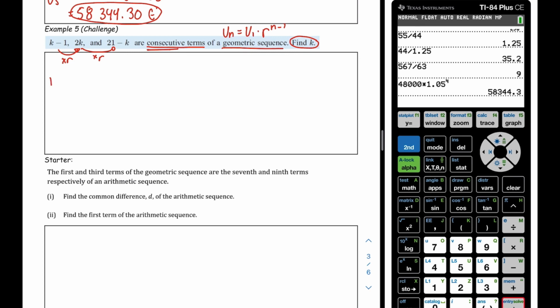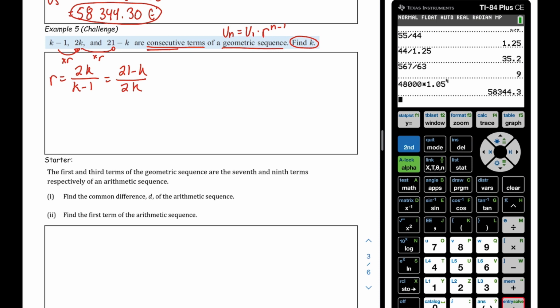I can always express r by having one term divided by the term that comes before it. That's a definition of r. So r would be 2k divided by k minus 1. But r would also be 21 minus k divided by 2k. Both of these expressions represent what r would be.